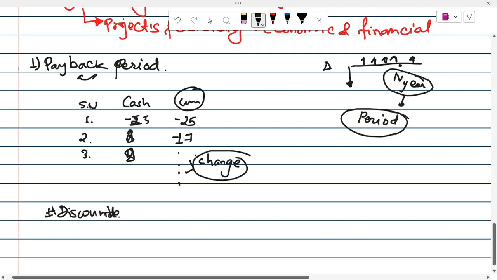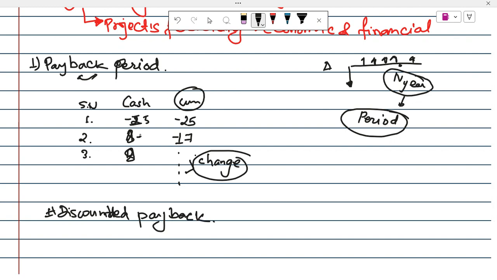In the discounted payback period method, we convert the value of money at the end of the second year, or the end of the third year, into the present value.